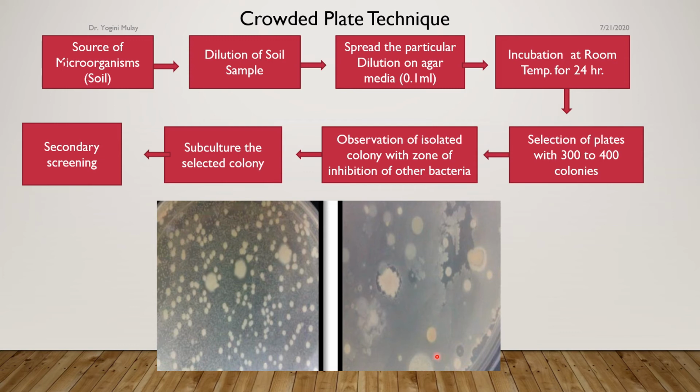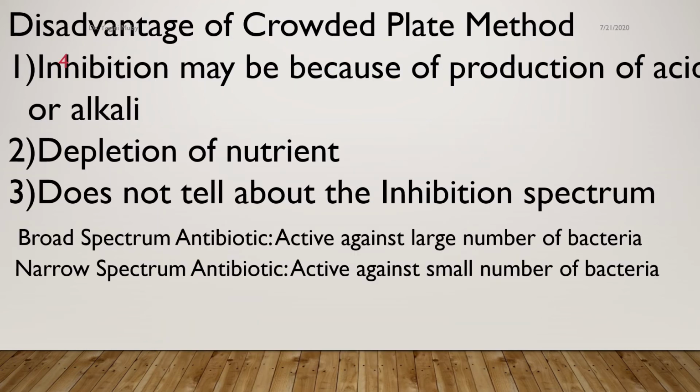A very minute colony is at the center, surrounded by the inhibition zone. It means in the vicinity of this colony you will find the clear zone, that is the inhibition of growth of the other bacteria.